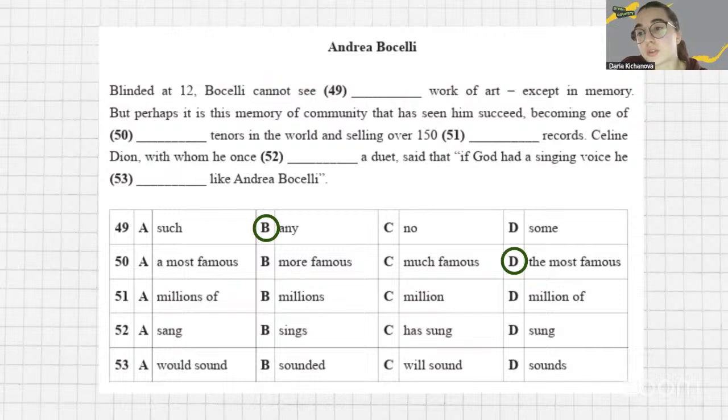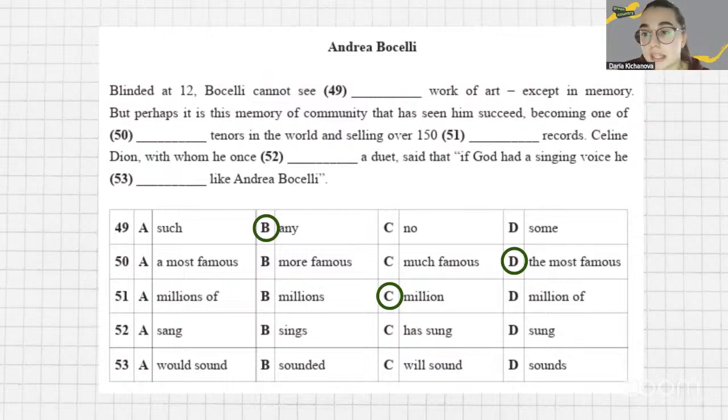When we are talking about numbers, we need to remember that we need to use variant C. Yeah, we can say, for example, he sold millions of records, but when we already have some exact number, we need to say million without any preposition.